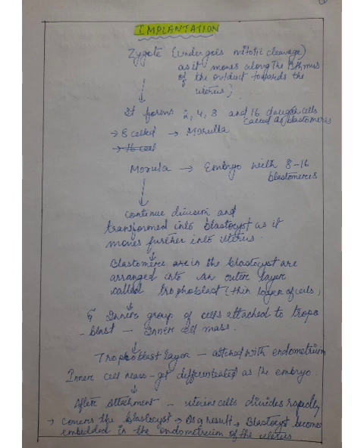After attachment, the uterine cells divide rapidly. After rapid division, they cover the blastocyst, and as a result the blastocyst becomes embedded in the endometrium of the uterus. I hope it is clear how the zygote divides. This is called implantation, which means to get implanted in the uterus.